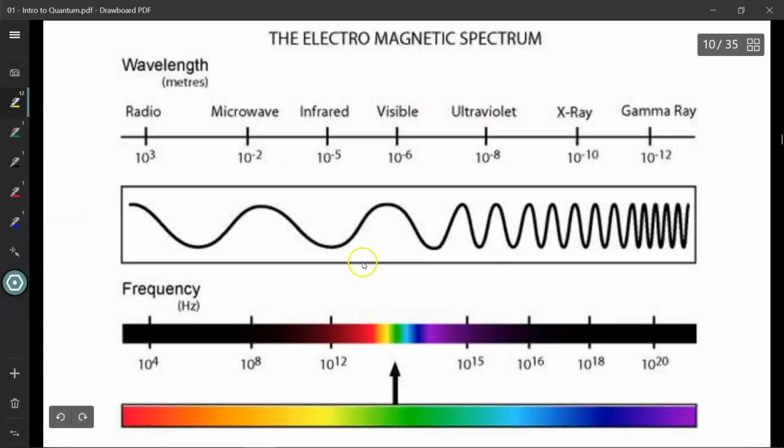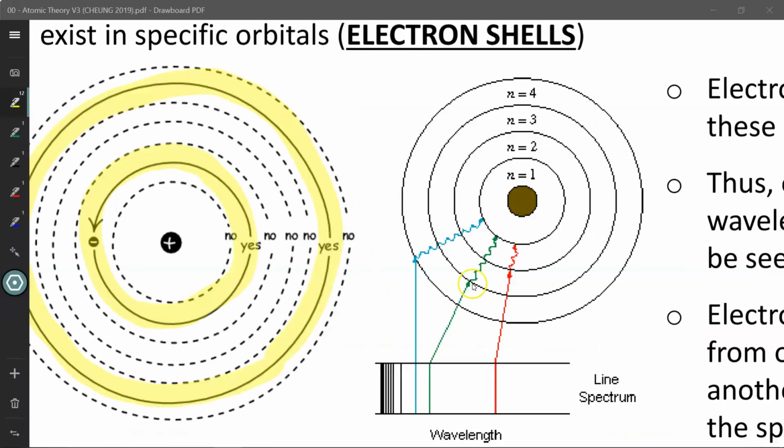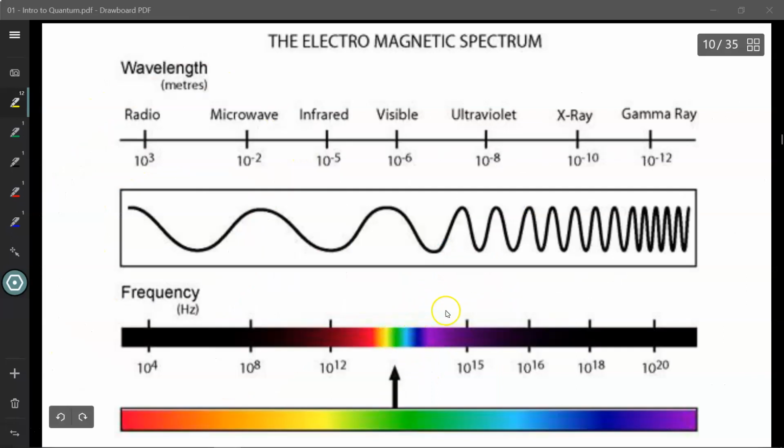And as we saw, red is in the lower frequency, lower energy wavelength. But if it drops by 2 shells or 3 shells, it will release energy in the green wavelength or blue wavelength because they are of higher frequency and higher energy.